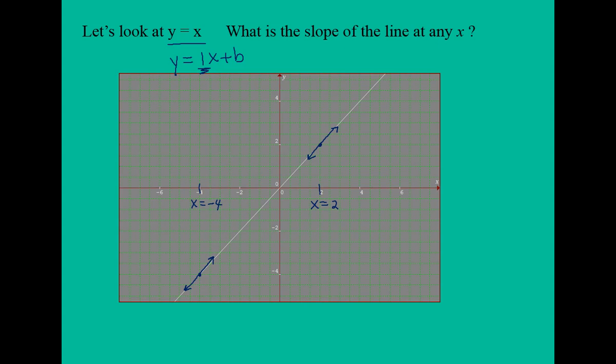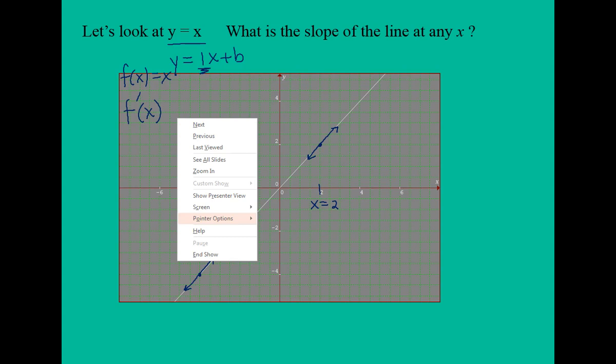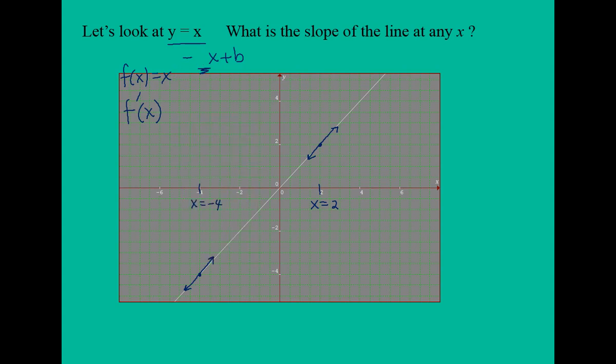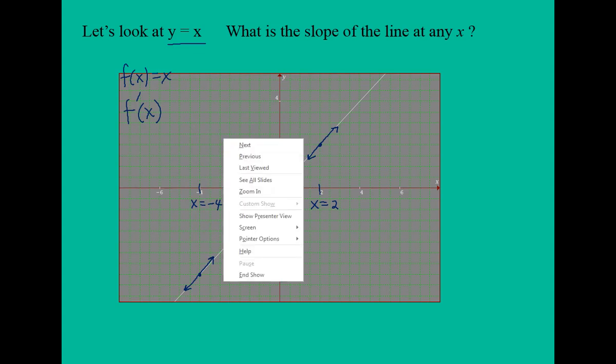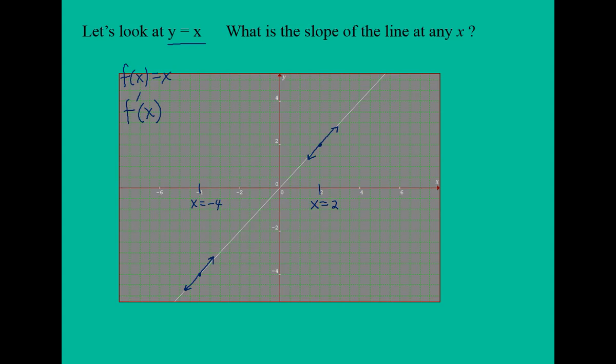So if we wanted to find the derivative of this function, f of x equals x, we would have f prime of x, we saw, would equal 1, because the slope of this tangent line, wherever we choose the value of x, is going to be the same as the slope of this line, and we said the slope of the line is always 1.